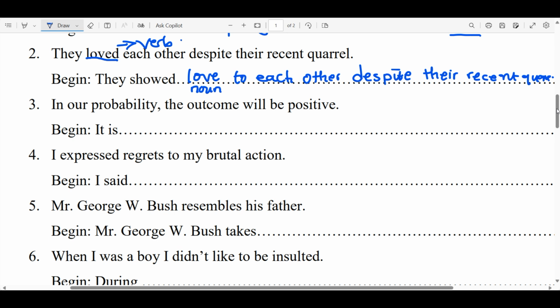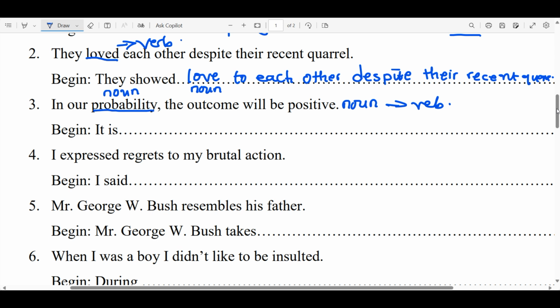Okay, we move on to number 3. In our probability, the outcome will be possible. So we are changing a word that is in a noun form into a word that is in an adjective form. So the word probability is a noun. Now, probability simply means a likelihood. Probability is a word that can show the chance of something to happen or not to happen.